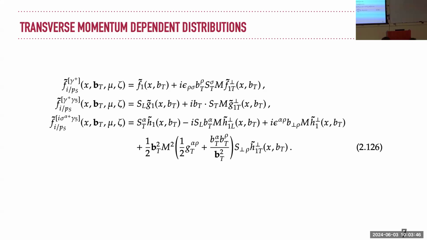And therefore, what we do is we say, okay, we need to do this transformation: d2kt, kt i, kt j of f of kt, and then we write e to the minus i kt dot bt. These things can be transformed into derivatives onto this exponential.